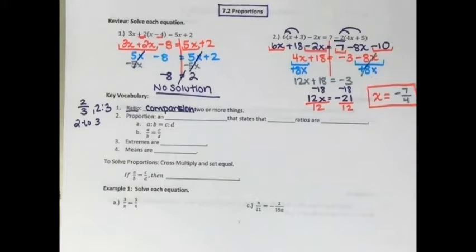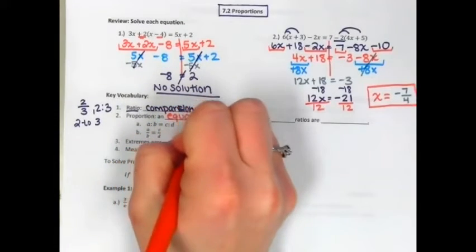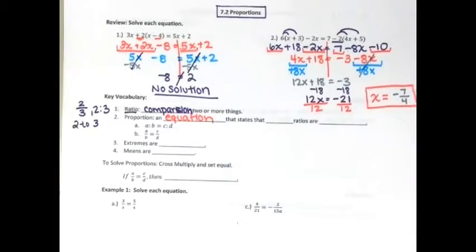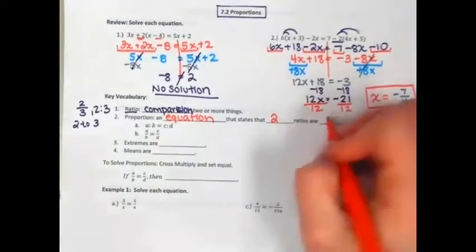A proportion, okay, a proportion is an equation. So what's an equation? What's the big thing that has to have an equation? An equal sign, yeah. So a proportion is an equation that states that 2 ratios are equal.